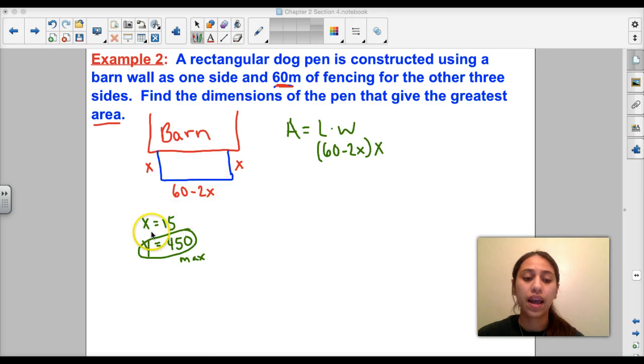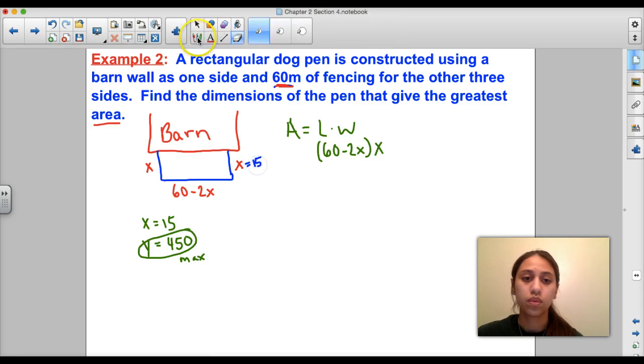So we found that at the greatest area, the dimension for x should be 15. So all we have to do now is plug x is equal to 15. If we plugged it in for this here, 60 minus 2x, that's all we had to plug in.